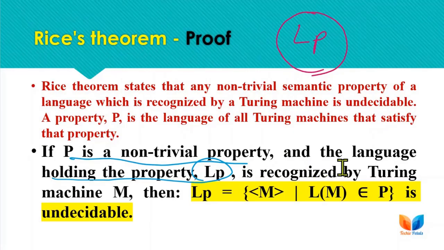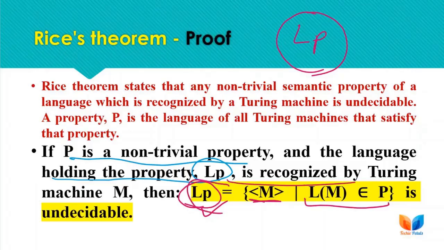Now we also have some Turing machine M that recognizes this property. We have to prove that for this language of this non-trivial property, a statement that every machine M possesses this property is undecidable.